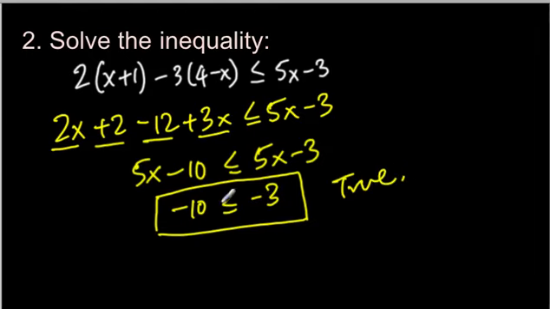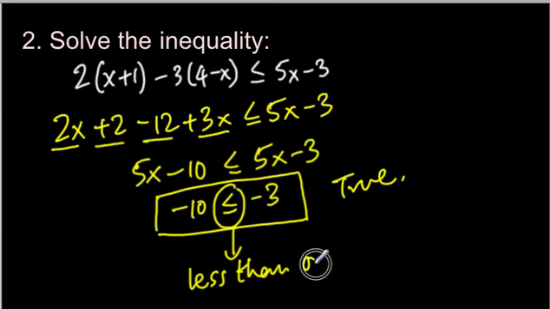Now, some people got confused by, well, what about the equal to? How can negative 10 equal negative 3? What you have to remember is that this really means less than or equal to. So there's an or condition. It fails the equal condition, but we don't care. As long as one of these two conditions is met, we state that the statement is true.